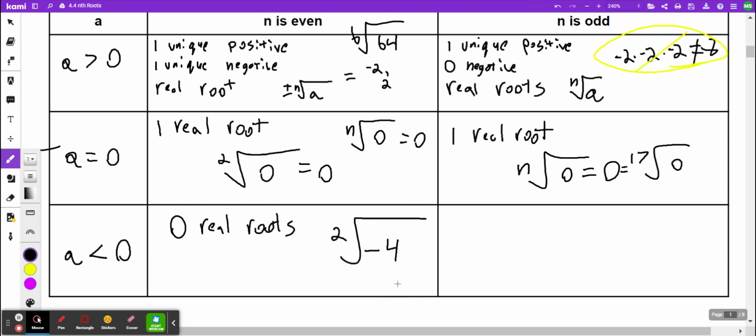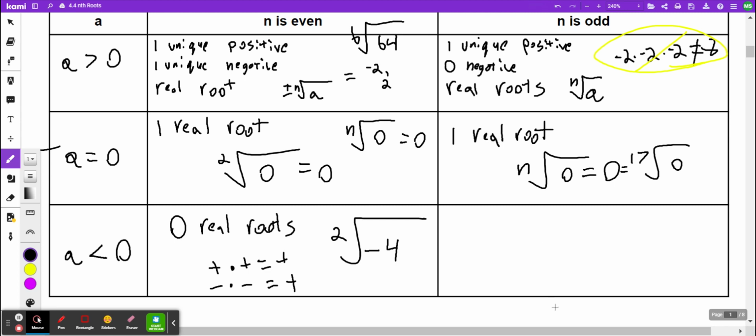What times what equals a negative number? Well, if we try a positive times a positive, that doesn't work. If we try a negative times a negative, that won't work because that gives us a positive. So there's going to be 0 real roots. Now there might be imaginary roots, but we won't get into them yet.